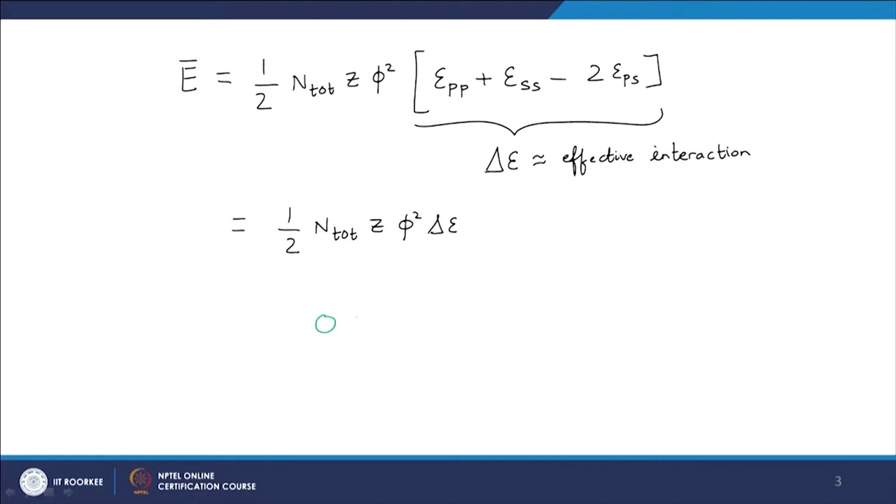Let us think that we had the following arrangement, a cross section of the system that we started with, which was all solvent molecules.